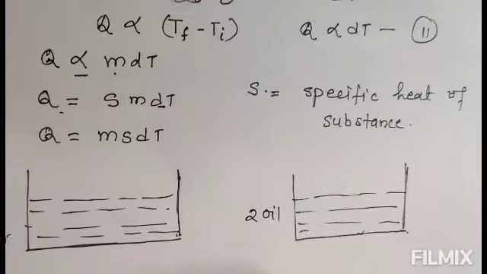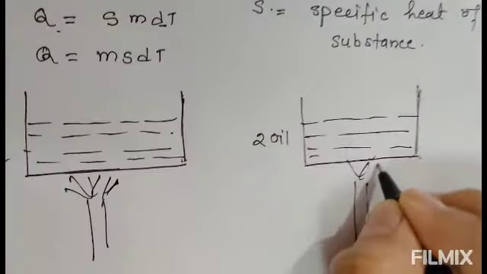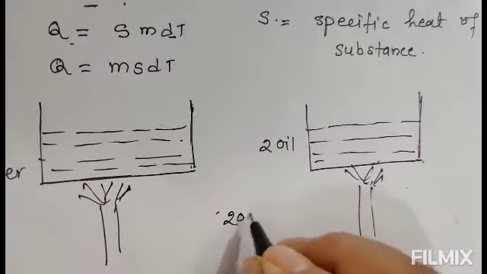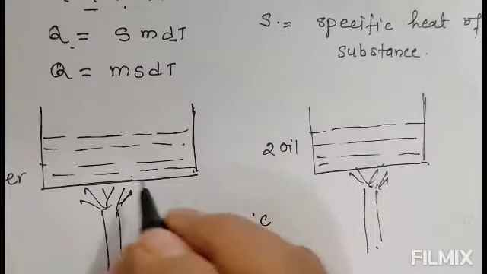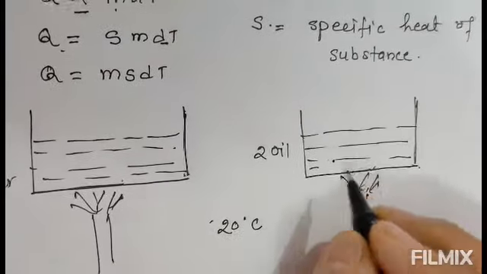Now we supply heat to both containers. The room temperature is again considered 20 degrees Celsius.